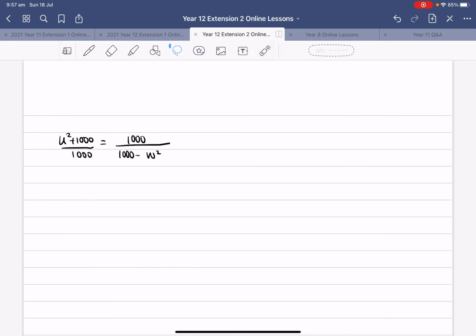All right, let's continue. So cross multiplication here. Is that the best way of doing it? Anyway, we don't have much choice here. Cross multiply, and we need to expand.